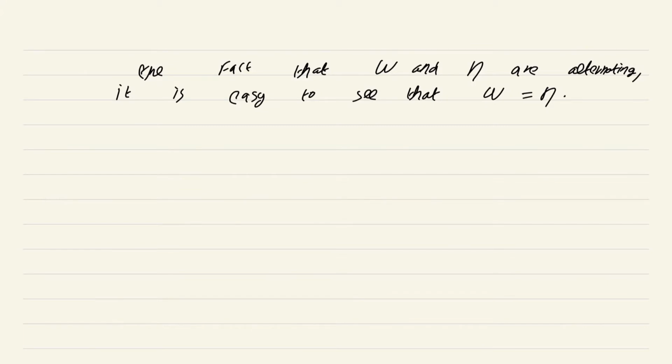Okay, so this requires a slight bit of thought. It is not profitable for me to write out this piece of thought. It's better that this piece of thought stays confined to your minds. So please think about this for a few minutes. You will get it that omega and eta have to be the same.